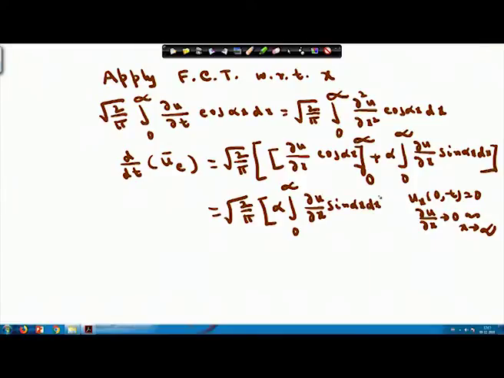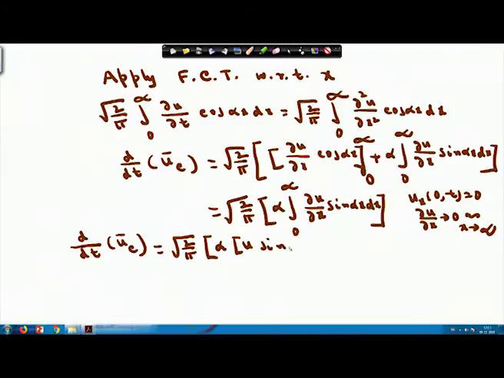alpha x into dx. Again, if you break it, you will obtain d/dt of u bar c equals root over 2 by pi, alpha into u sin alpha x from 0 to infinity, minus alpha square into integral 0 to infinity u cos of alpha x dx.